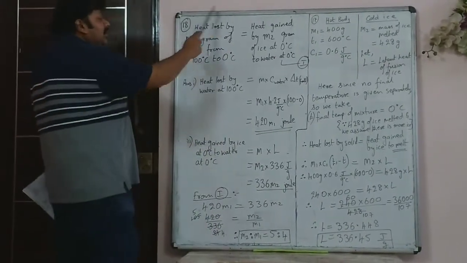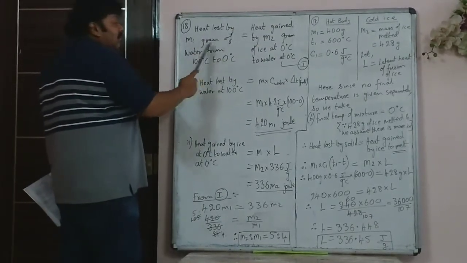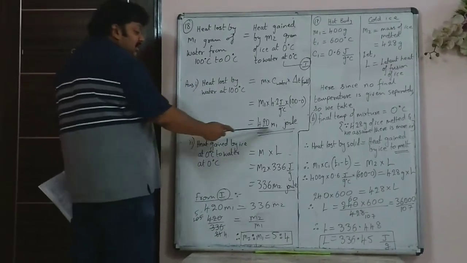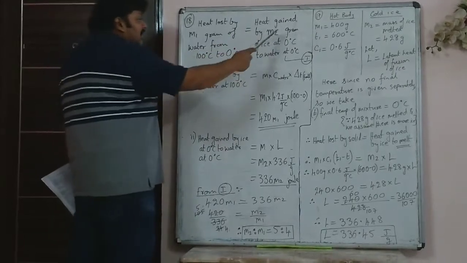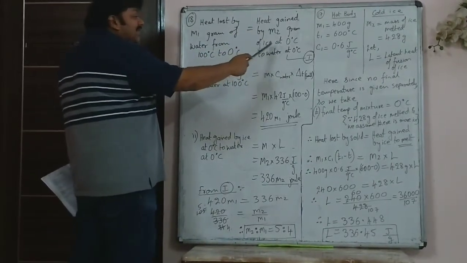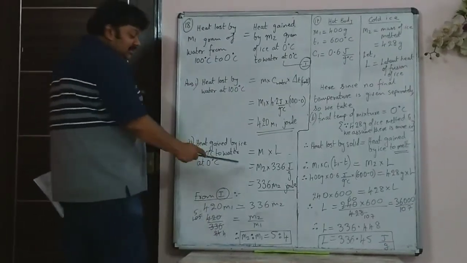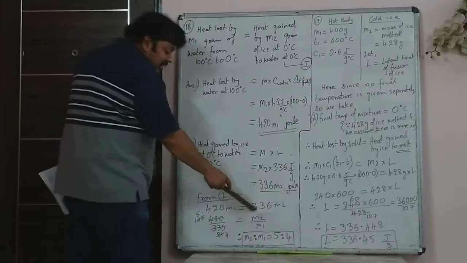Now already here we have written the heat equation that the heat lost by m1 gram of water from 100 to 0 degrees Celsius, that is 420 m1, is equal to the heat gained by m2 gram of ice at 0 degrees Celsius to water at 0 degrees Celsius, which by second answer we have written 336 m2.